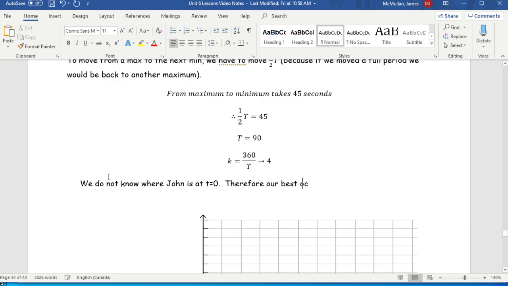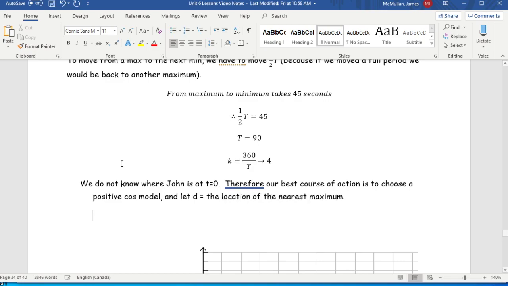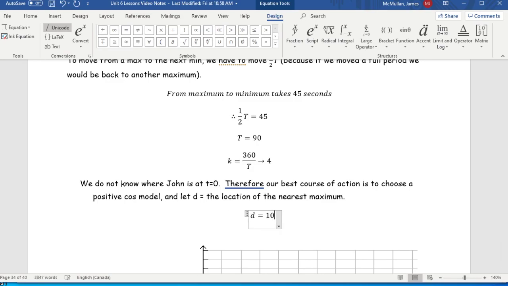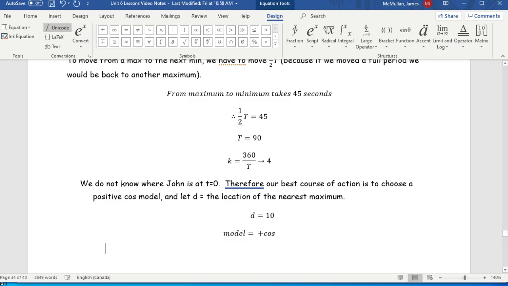Therefore, our best course of action is to choose a positive cos model and let d equal the location of the nearest maximum. In our case, d would be 10, and the model is positive cos.